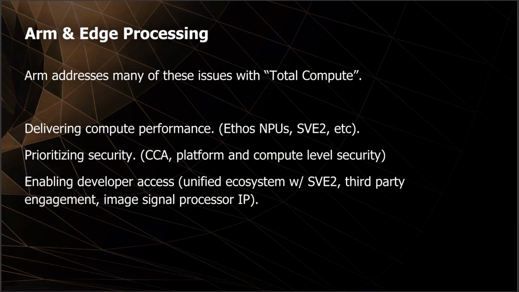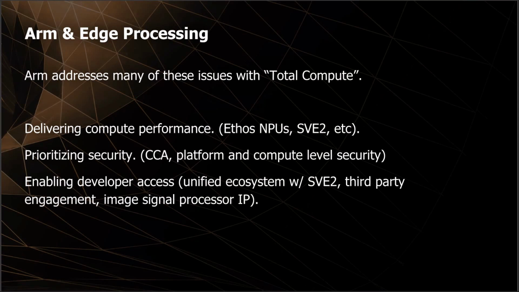And so with ARM delivering compute performance, we see things like dedicated AI processors, like their Ethos NPUs, and also in their recent announcement of ARM v9, SVE2 is taking a central role there. SVE2, scalable vector extensions, really it's going to allow the CPU to do more AI workloads. So that's lower power, higher performance on the edge for AI and computer vision applications. And SVE2 is important not just from a compute performance, but also in enabling developer access.